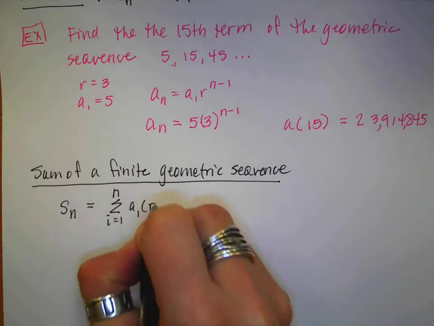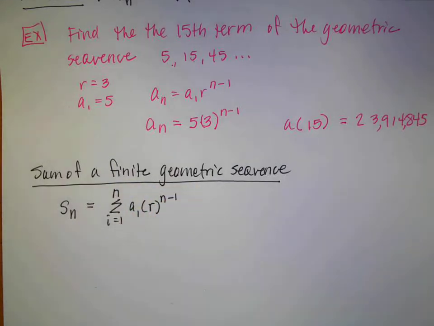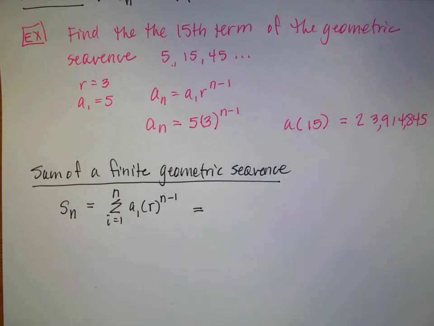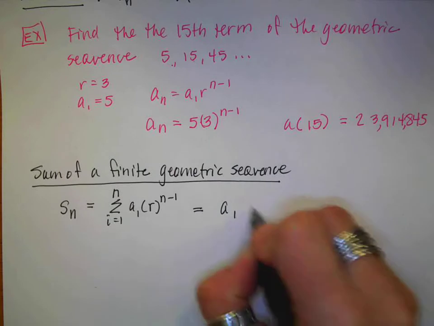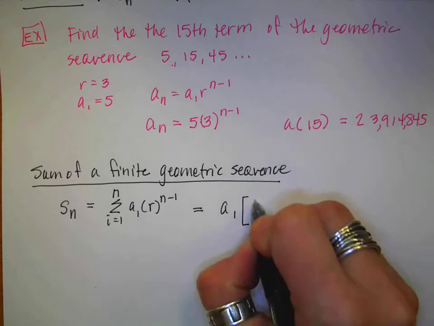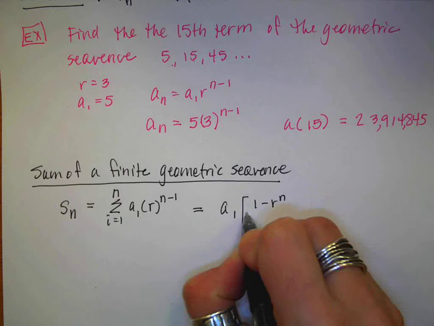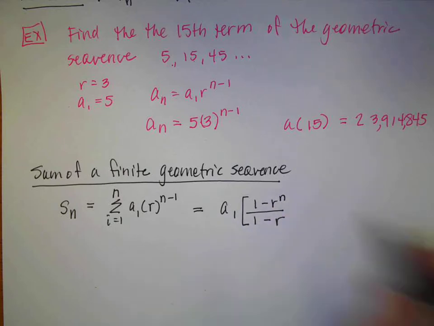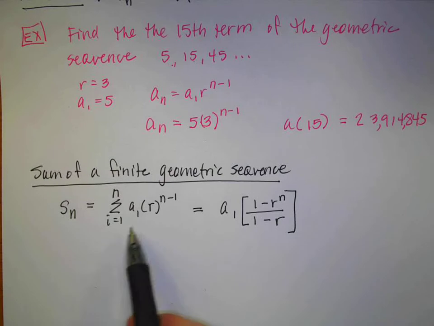So the sum is going to equal the sum from i equals 1 to n of a sub 1 times r raised to the i minus 1. But again, I don't necessarily want to do this. I want to have a handy-dandy formula. And my formula is going to be the first term times 1 minus r raised to the n over 1 minus r.